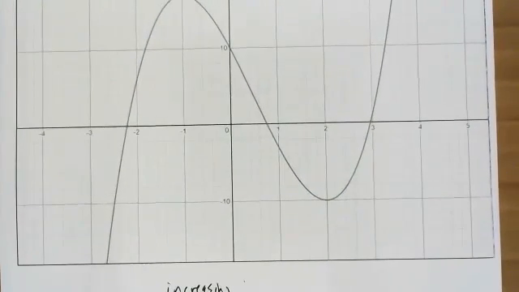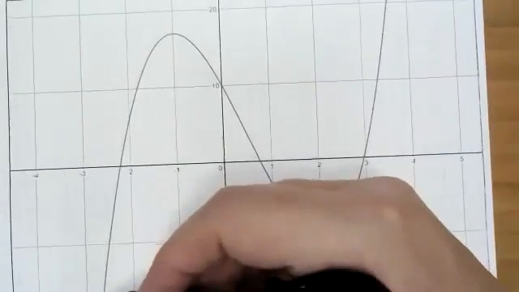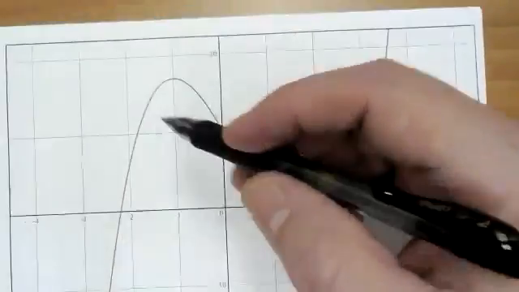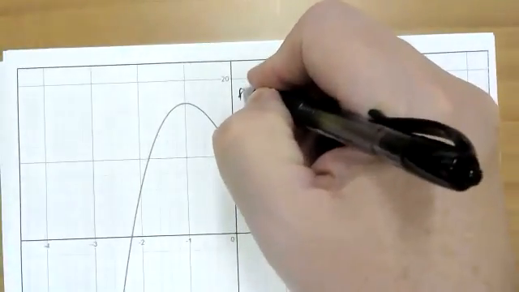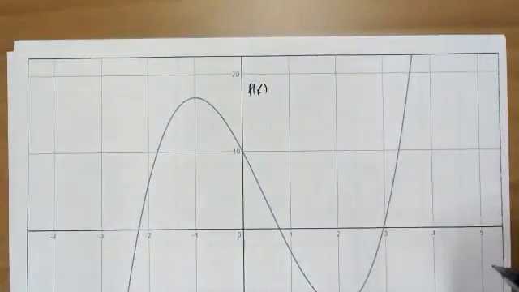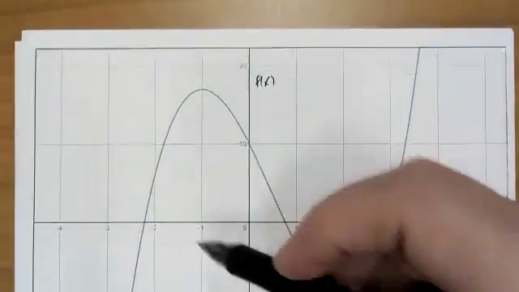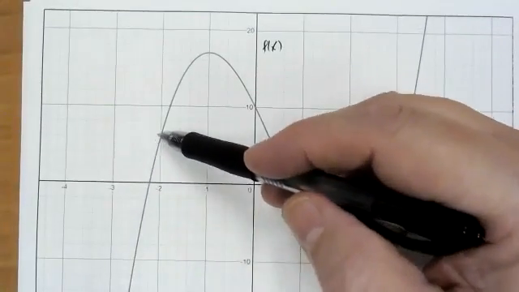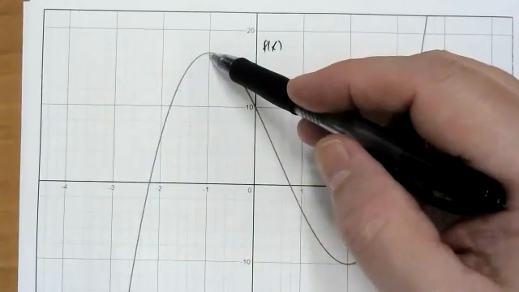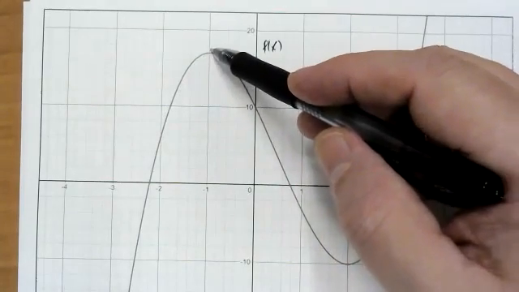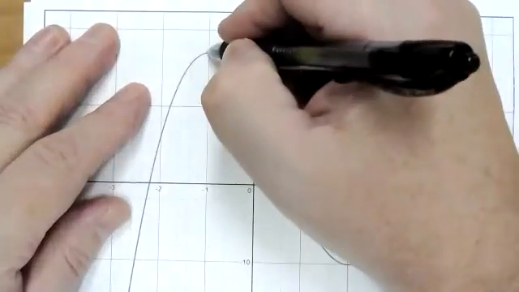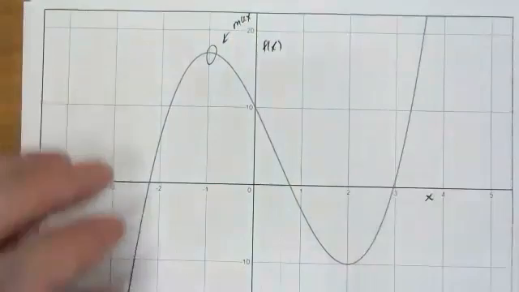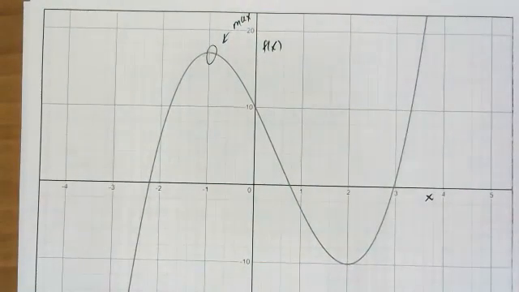So you start at the left side of the graph. As you move to the right, what's going on here? Well, definitely the function is going up. So the function's increasing until you get to here. What is this? That's a maximum.